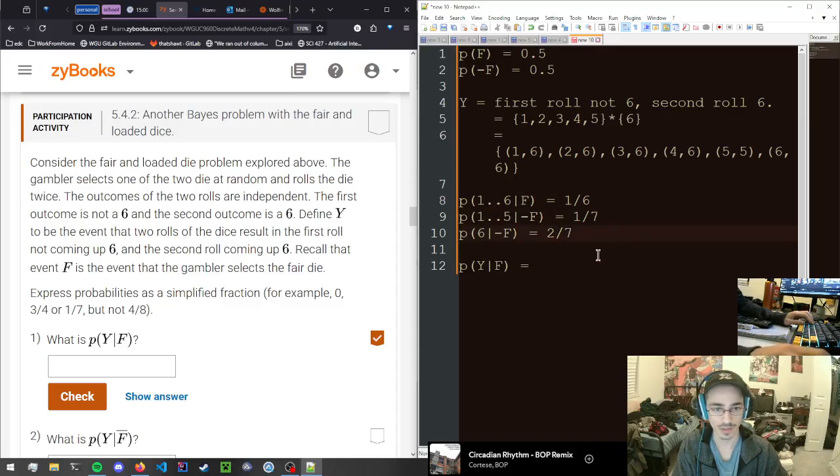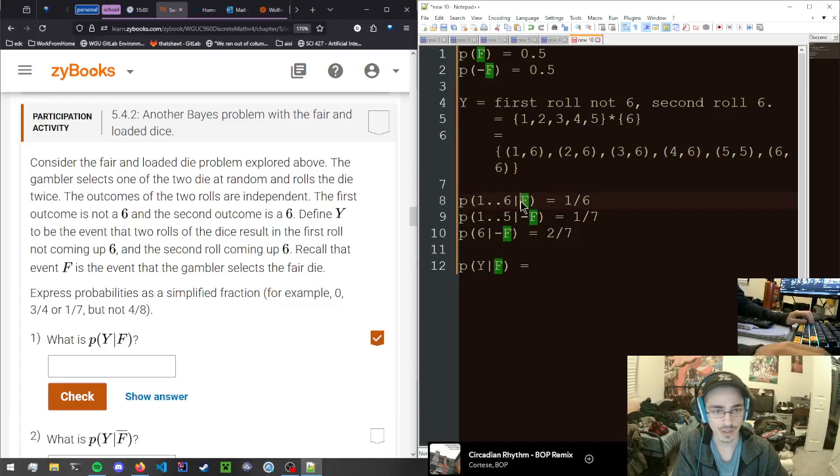So yes. The probability of getting this event with the fair dice is the probability of all these outcomes summed up. So let's sum them up. So we got 1 through 5.